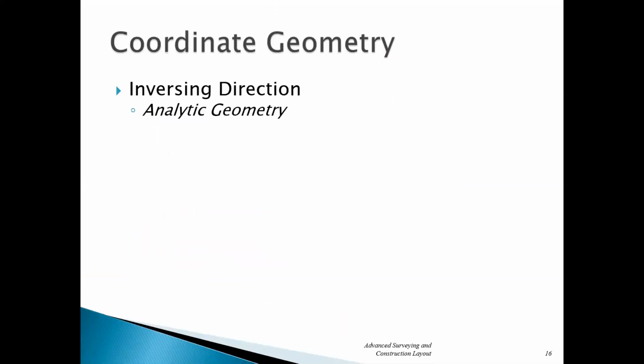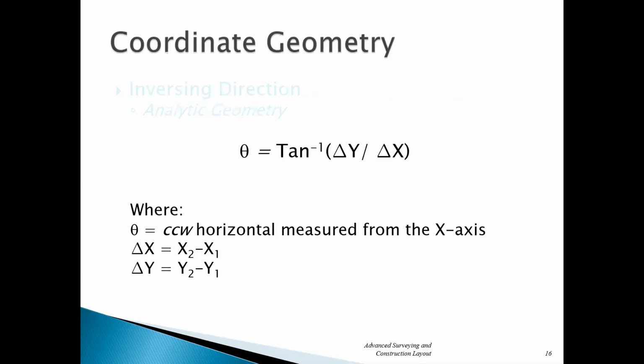Inverse can be broken down either through what we call analytic geometry or surveying. The difference is really just whether you're using X's and Y's or northings and eastings, so you just have to be aware of that.